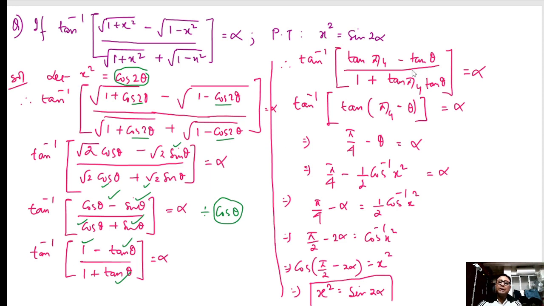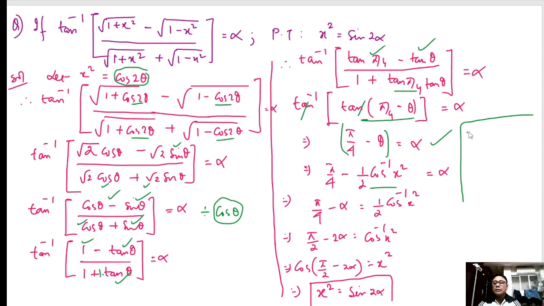Now this 1 we have taken as tan pi by 4, minus tan theta, and here 1 into, so that 1 is tan pi by 4, and this is the formula of tan A minus B. So tan inverse and tan will cut, it becomes pi by 4 minus theta, which was alpha. So theta was cos inverse x square.